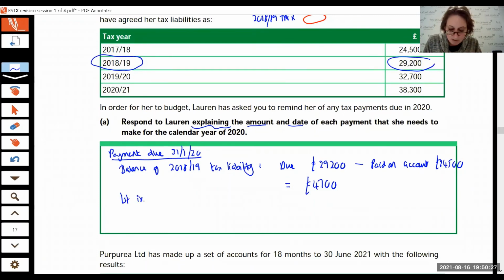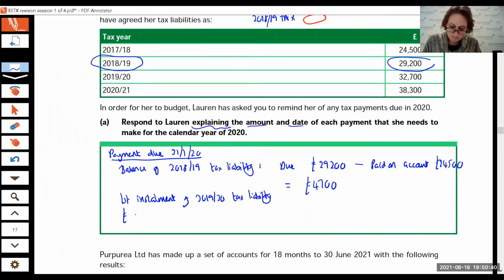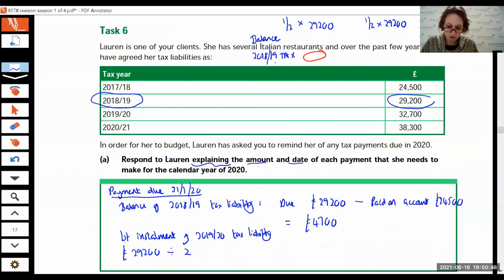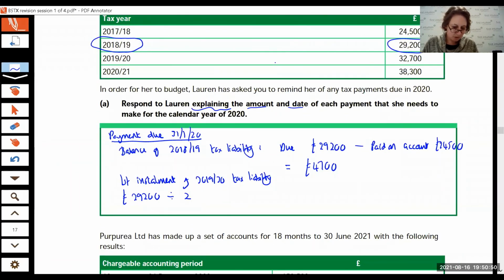Then we said there would be the first instalment of the 2019-20 tax liability. And we said that was going to be 29,200 divided by 2.